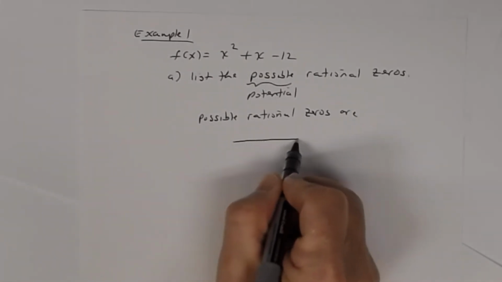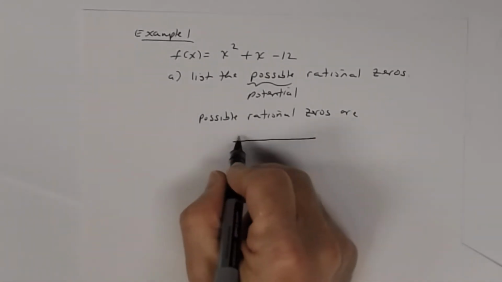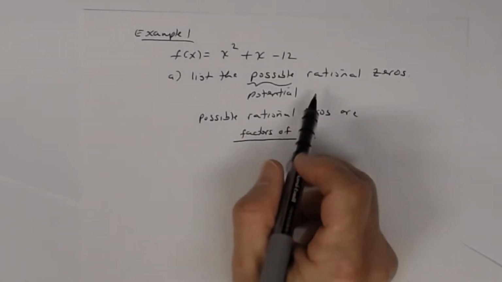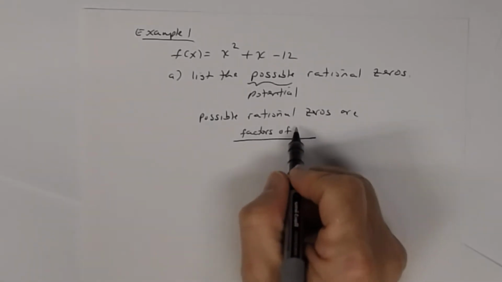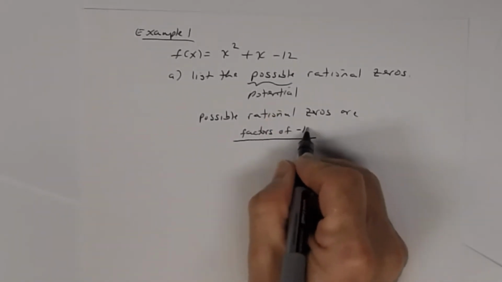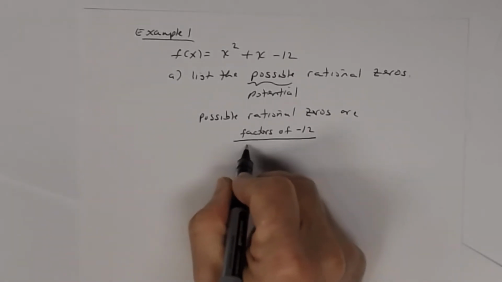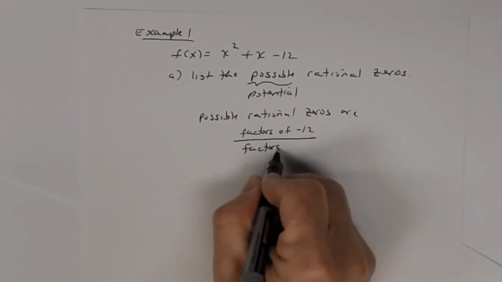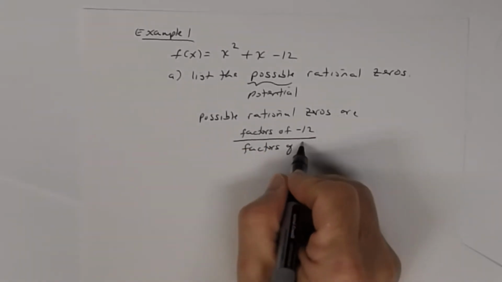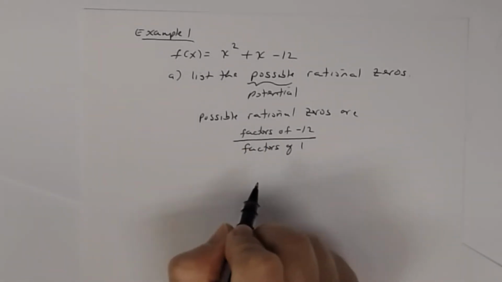In the numerator, those are going to be factors of your constant term. So in this case, it's negative 12. Factors of negative 12 divided by factors of the leading coefficient, which is 1. All right, so that's what I would write first.